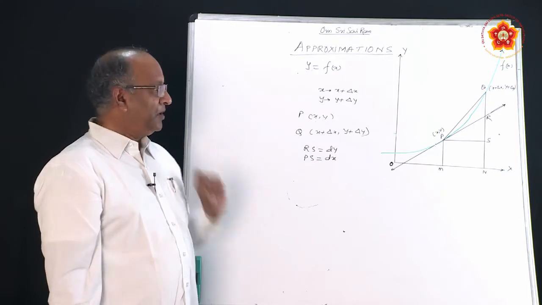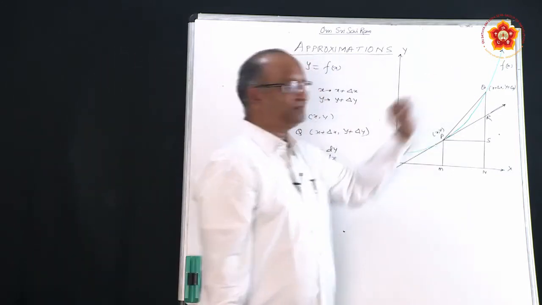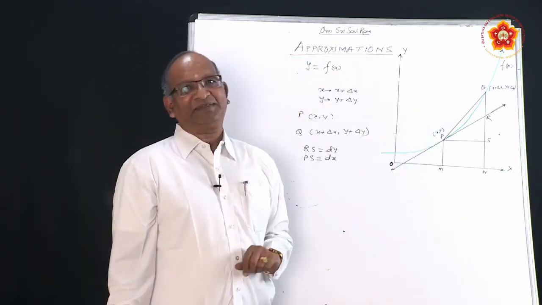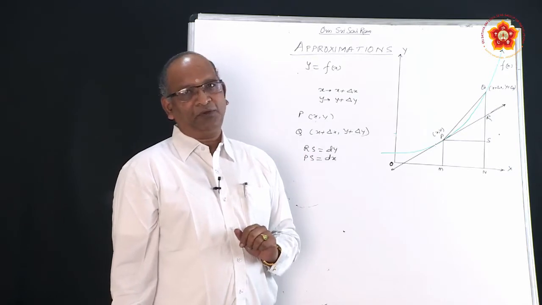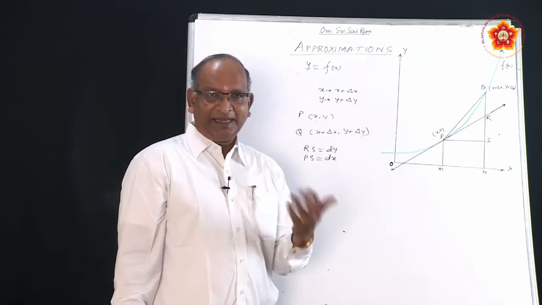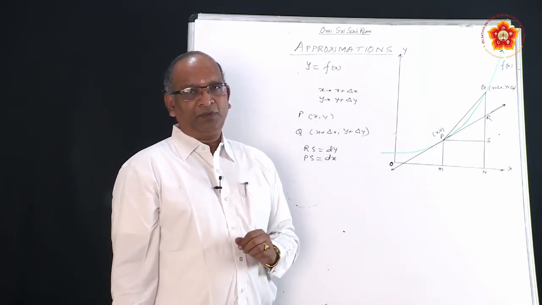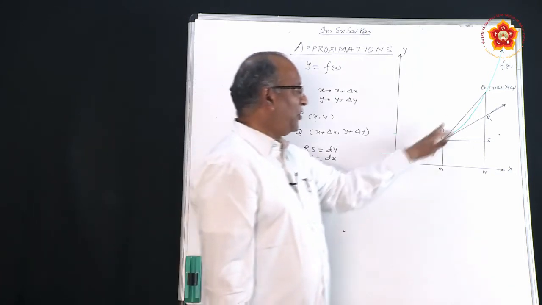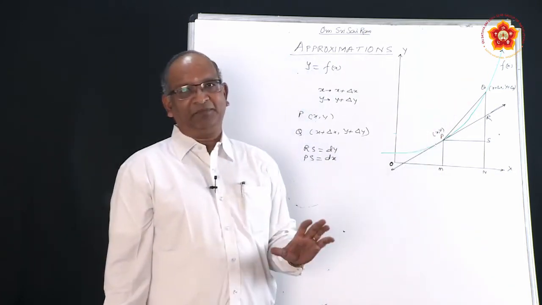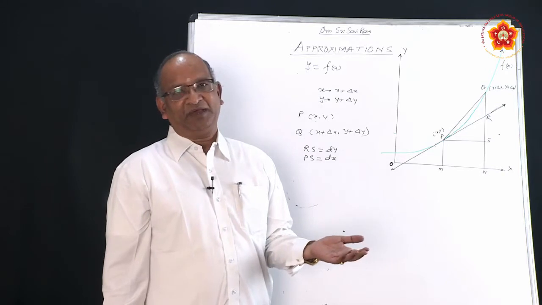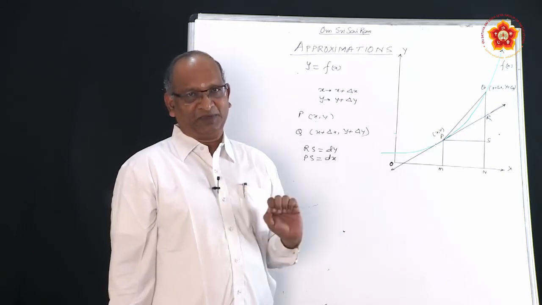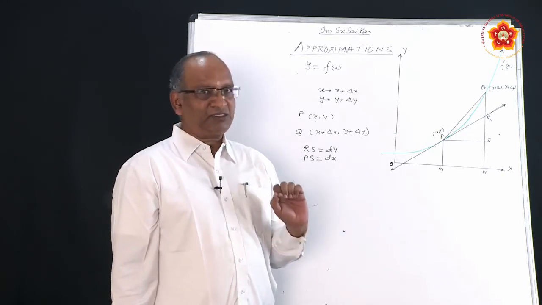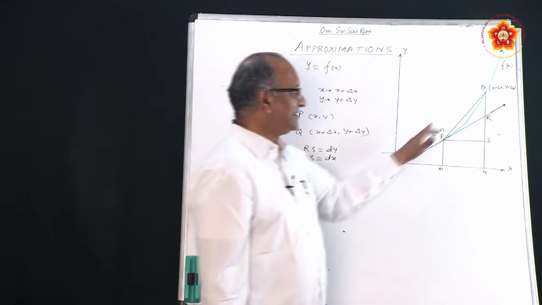Now, look at this secant. What is the slope of the secant? How do you get it? Recollect the mean value theorem. Whenever you have 2 points, the slope is given by y2 minus y1 upon x2 minus x1. So, what is the slope in the case of this secant?